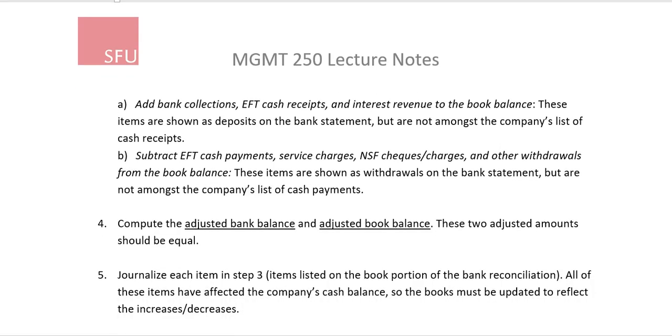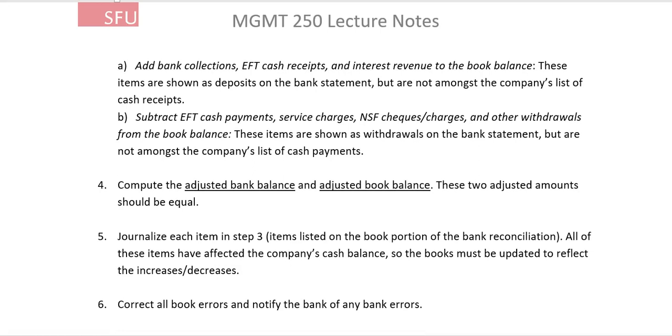We do a bunch of addition and subtracting on both sides, then we compute the adjusted bank balance and the adjusted book balance. And if those amounts are equal, then we know we have no problem other than timing differences. If we find there to be a difference, then there might be an error that we haven't accounted for yet.